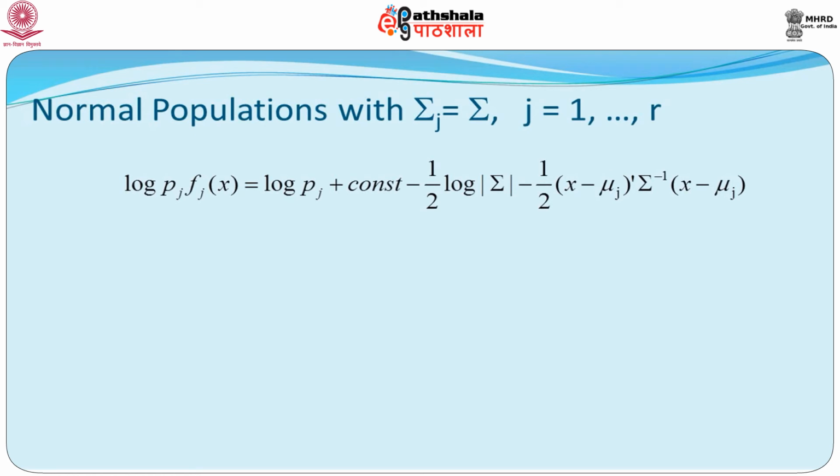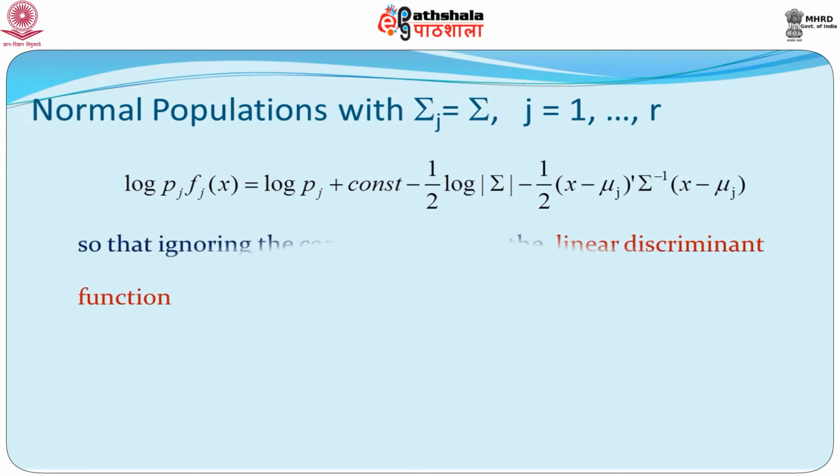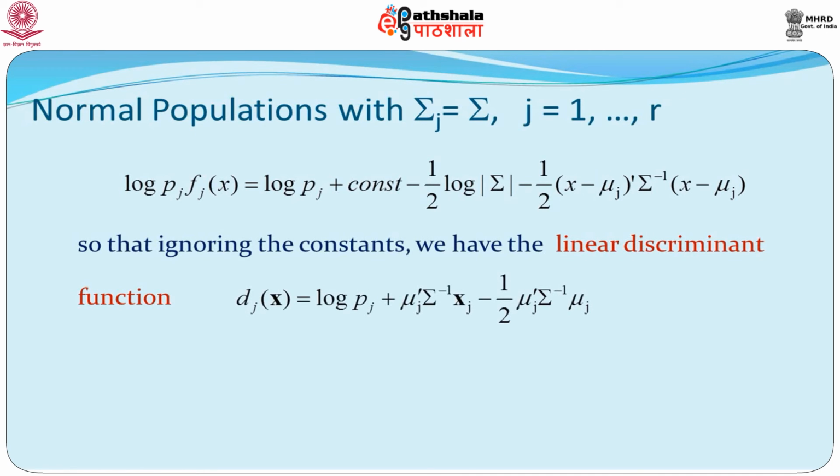So, we can discard the second and the third terms and just keep the first and the fourth terms, so that we have dj(x) simplified as log of pj plus the fourth term, which again simplifies to mu j' sigma inverse x minus half mu j' sigma inverse mu j. And now you can see that the discriminant function is linear in the x's. So, we have a linear discriminant function on which the decision rule is based.